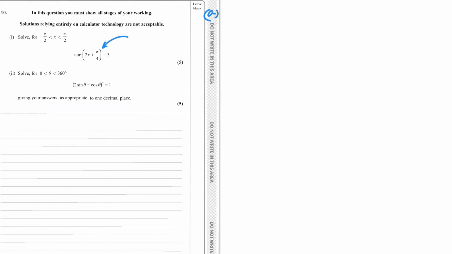So I would probably start off by letting theta equal 2x plus pi by 4. Then I've got tan squared theta equals 3.